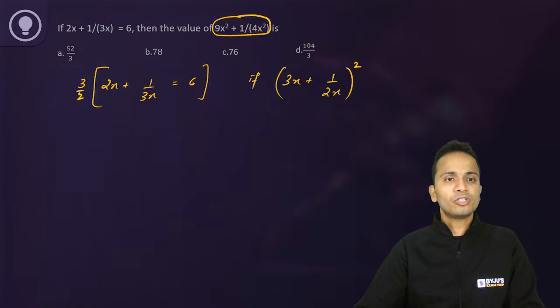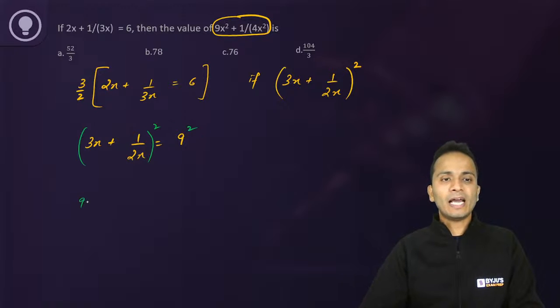So 3 by 2 multiplied by 2x will be equal to 3x, and then 3 by 2 multiplied by 1 upon 3x will be 1 upon 2x, and that will be equal to 3 by 2 multiplied by 6, which is 9. Now take square on both sides.